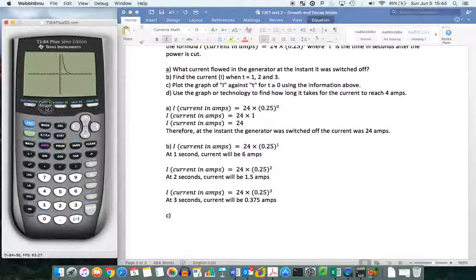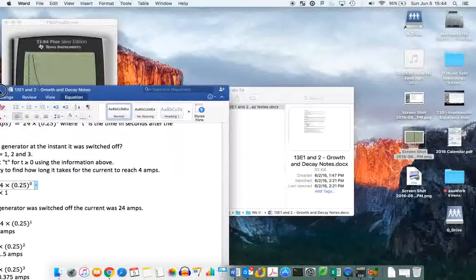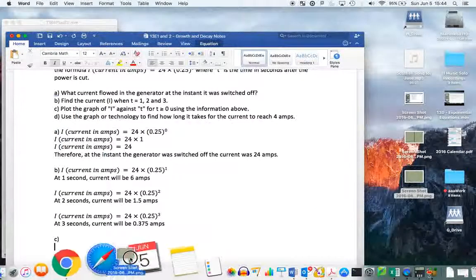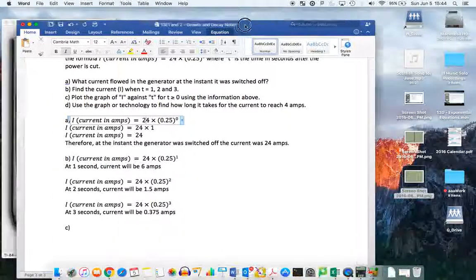So you can go to window and make it start from 0 instead. You get a nicer graph that way. So there's my graph. Unlike you, I get to screenshot this. So that's how I'm going to answer it.